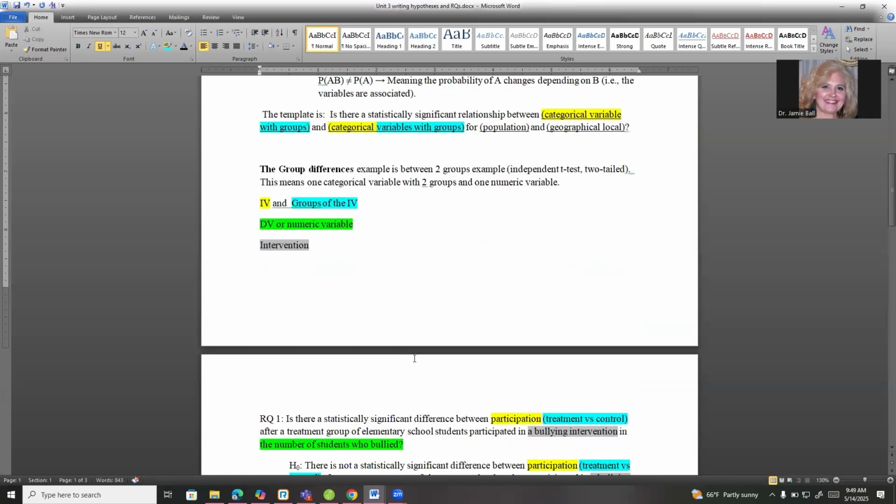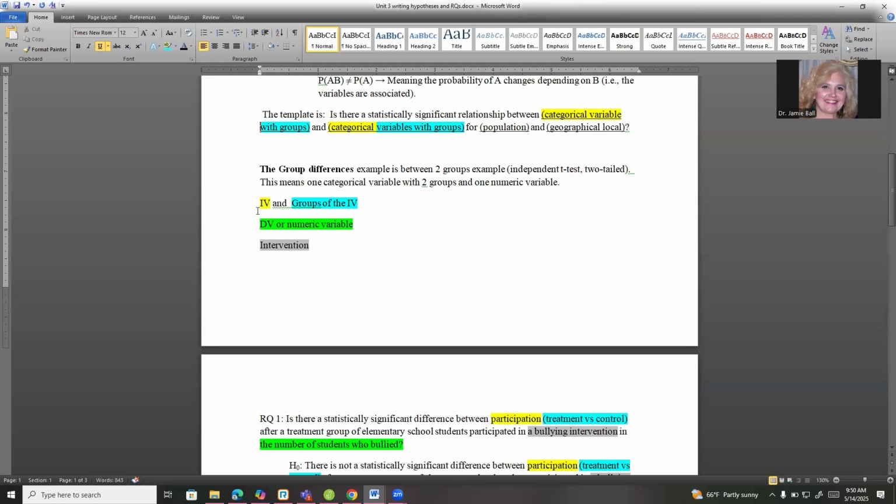All right, for a group differences example, right, this is a testing family. I'm using between two groups, so it's an independent samples t-test, two-tailed. There's more than one way for group differences, but all of the research questions would be similar.